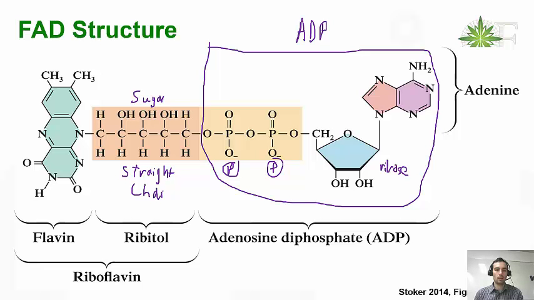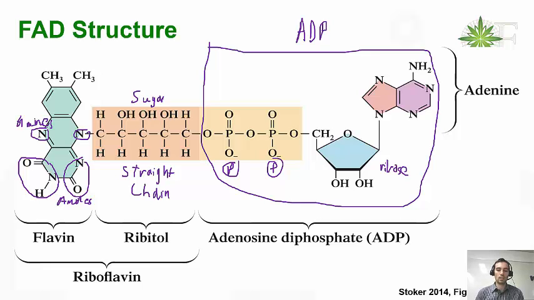And then the last component of our FAD is the flavin, which contains several amine groups. So each of these nitrogens is an amine, and then we've got an amide formed in two locations here as well. So these ones are the amides, and up the top here we've got the amines.